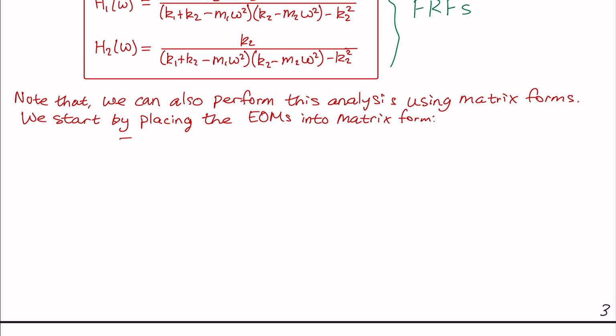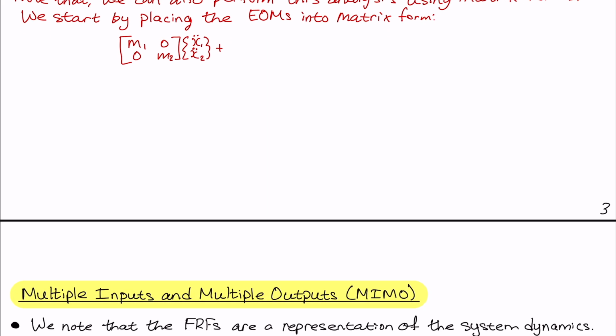So in matrix form, we're going to get the matrix M1, 0, 0, M2 times x1 double dot, x2 double dot, plus the matrix K1 plus K2, minus K2, minus K2, K2 times x1 and x2.